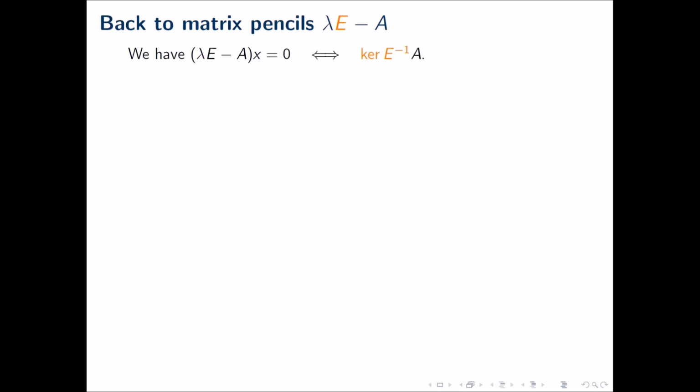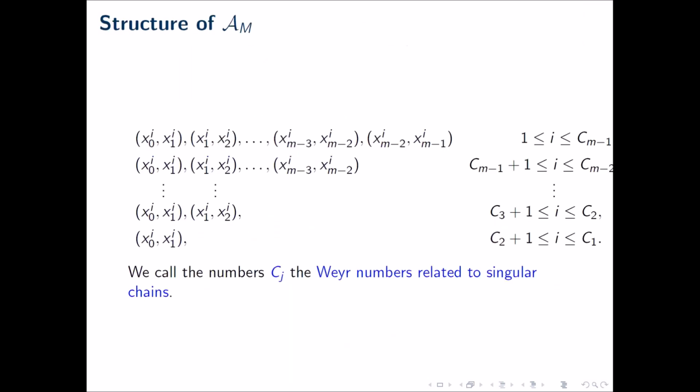In this case, we will say X is an eigenvector and lambda is an eigenvalue of the matrix pencil. So if this eigenvalue equation is satisfied, then X is in the kernel of E minus 1 A minus lambda. I forgot this. I was too nervous.